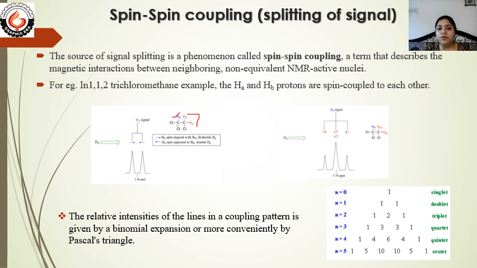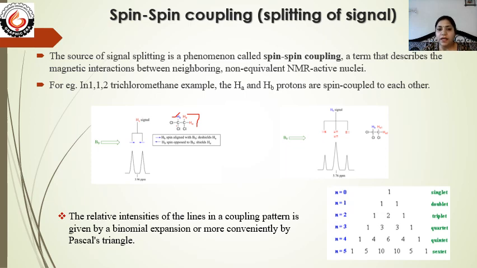So obviously the removal of electrons from the HB site and the HA site is different, and these two will give different signals. The influence of these two on each other is known as spin-spin coupling. These two are neighboring hydrogens and they show the phenomenon of spin-spin coupling. In that case, splitting of the signal takes place.